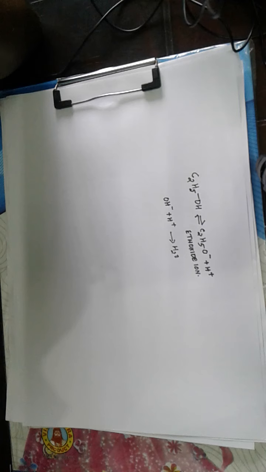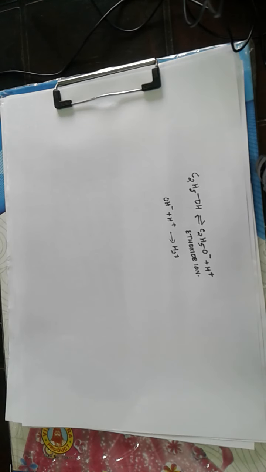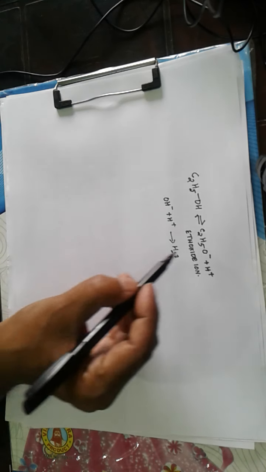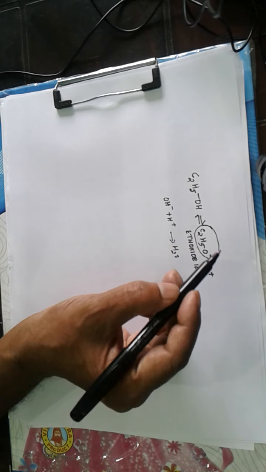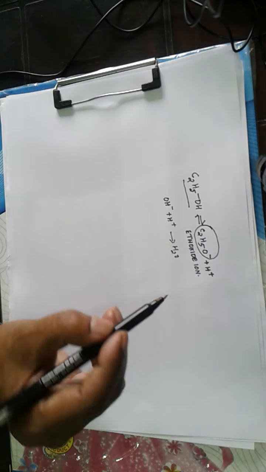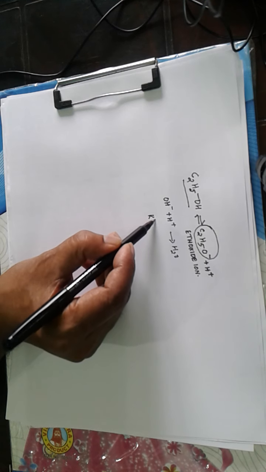So we can say the medium contains a lesser amount of hydroxide ions because they are neutralized to water, and this water is absorbed by anhydrous magnesium sulfate. We can add an excess amount of anhydrous magnesium sulfate to remove all the water, so that on the next day when we filter it, the filtrate will contain mainly the ethoxide ion present in ethanol medium. Then there will be potassium ions also.